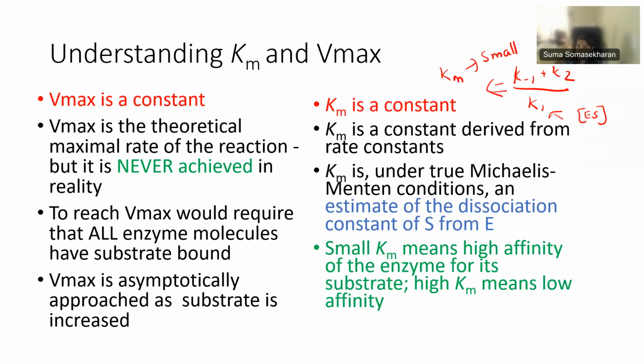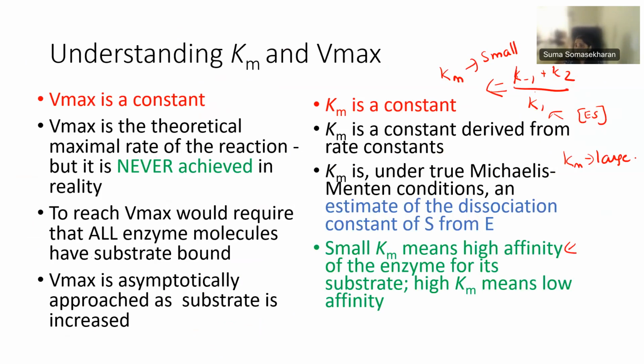Now, if K minus 1 plus K2 is greater than K1, then Km is going to be large. So you can see that Km is an estimate of the dissociation constant of the substrate from the enzyme, and therefore it defines the affinity of the enzyme for its substrate. So the smaller the Km, the higher the affinity.